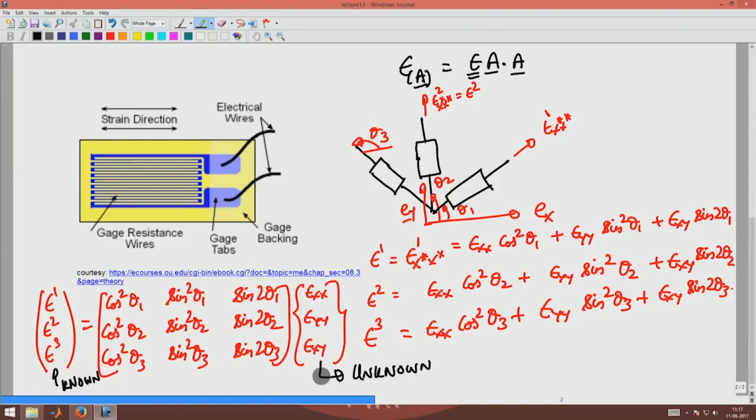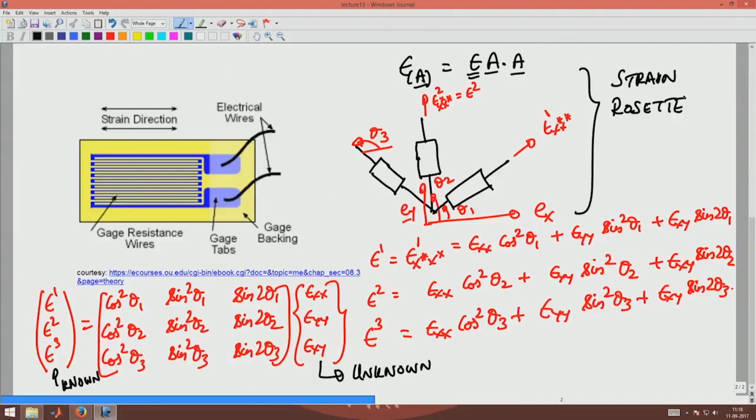Okay. There are different strain Rosettes, this is called a strain Rosette.